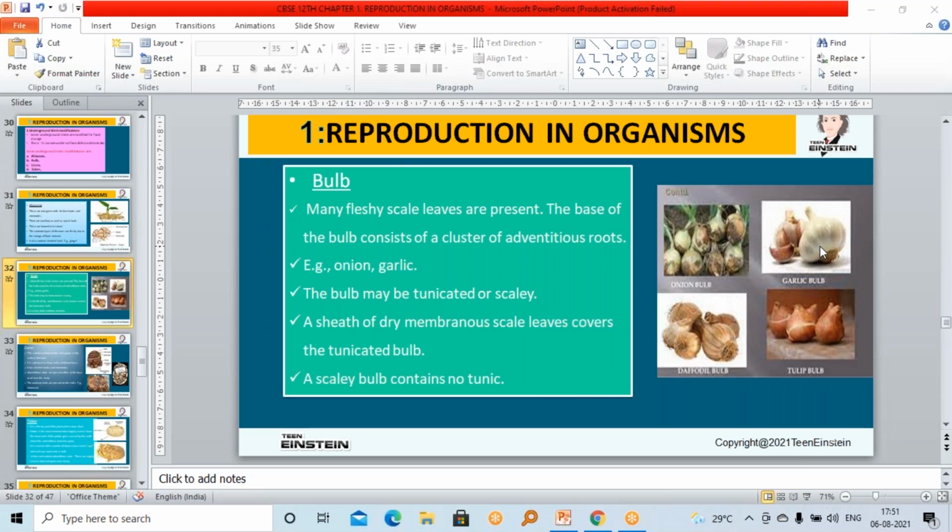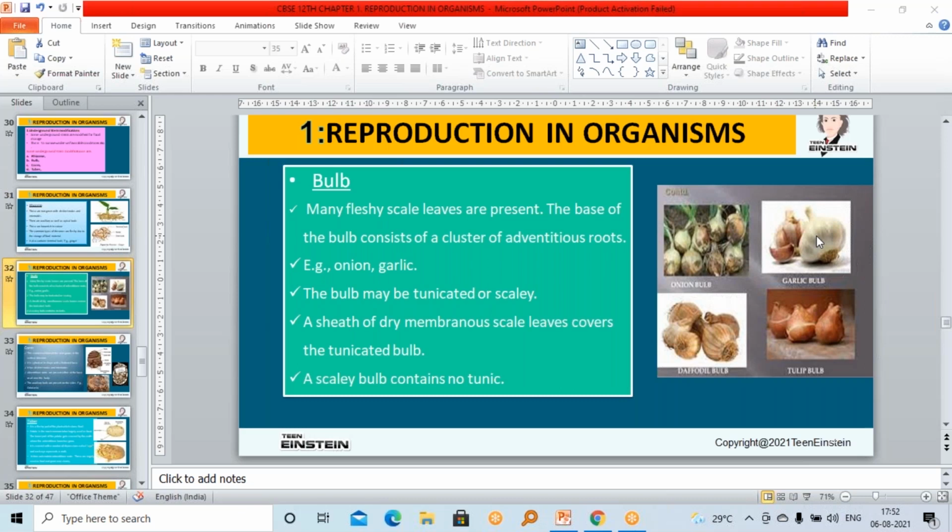That is dry and membranous. Clear? For example, garlic and onion. It has a dry, membranous cover, isn't it? That is called tunic. These scale leaves are called tunic and it is dry and membranous. In garlic and onion, you can see this.